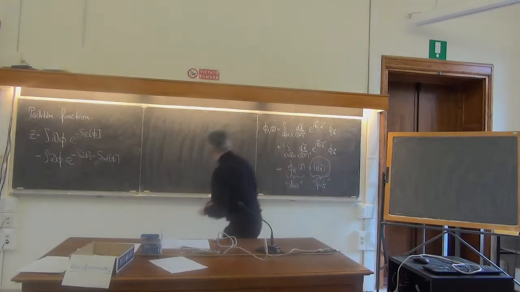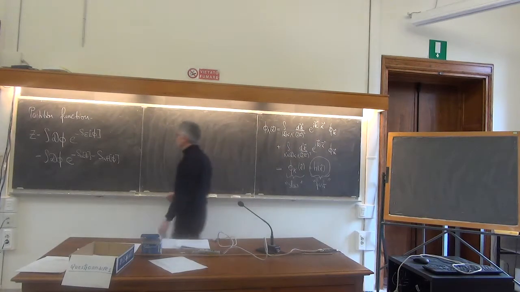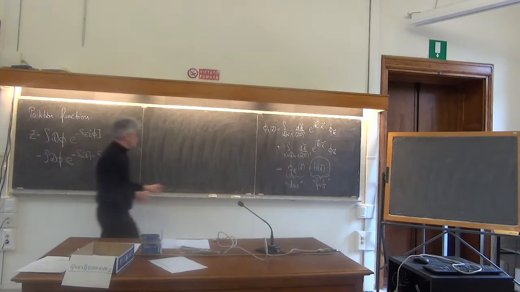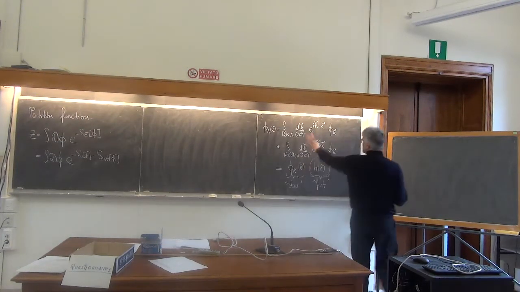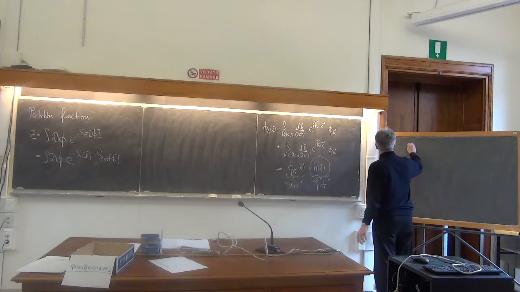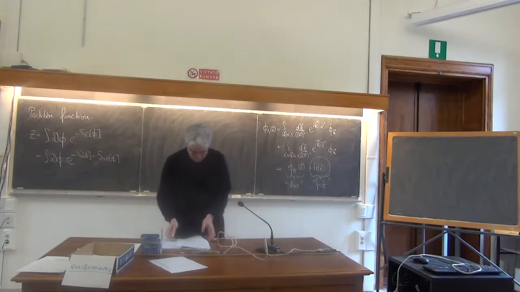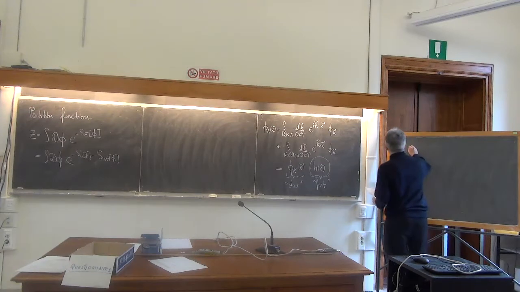Okay, so we have this decomposition of the field, and now what we want to do is first substitute this in the action. So we have S Euclidean of phi lambda.